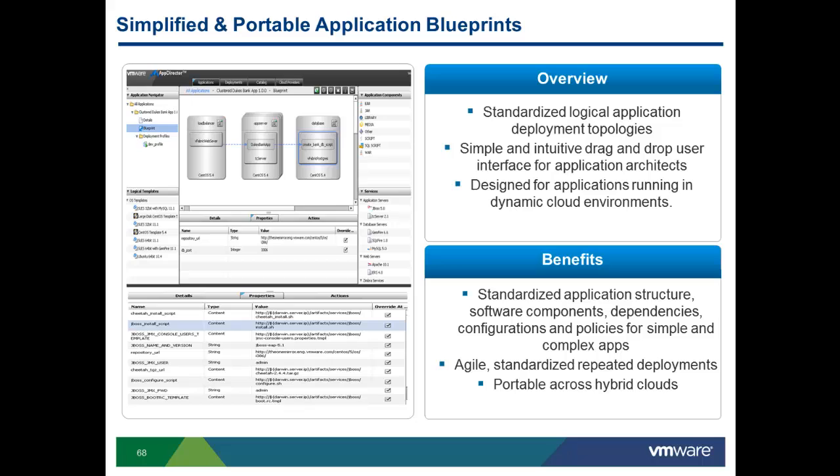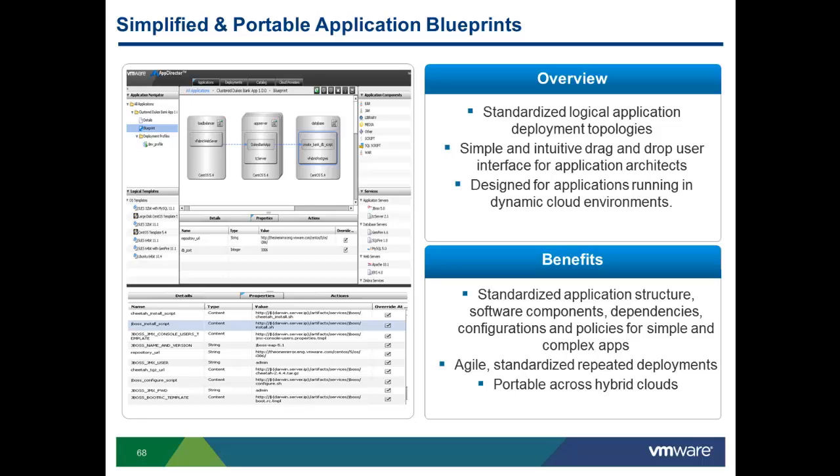With its catalog of standard components or services, vFabric Application Director simplifies and automates deployments of multi-tier enterprise applications in the hybrid cloud environment. Enterprise users can quickly standardize, deploy, configure and scale their complex applications in a dynamic cloud environment. These applications range from simple web applications to complex custom and packaged applications.